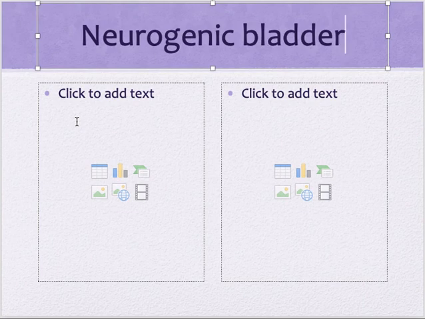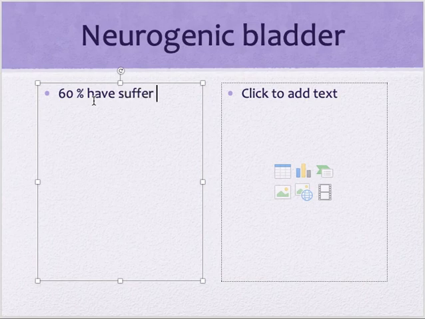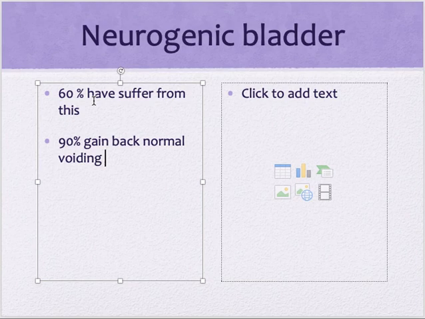It is so common in stroke patients that around 60% of the patients who have stroke have bladder problems. But the good thing is that 90% gain back normal voiding in around 6 months of time.